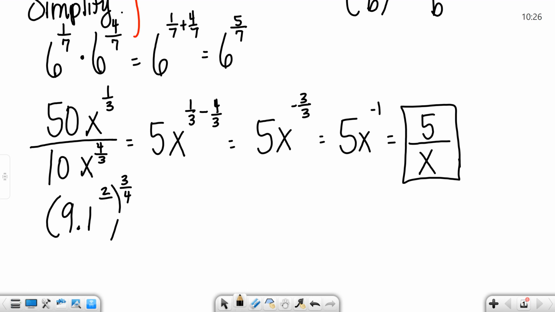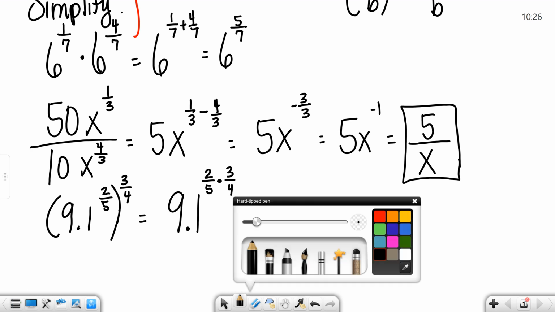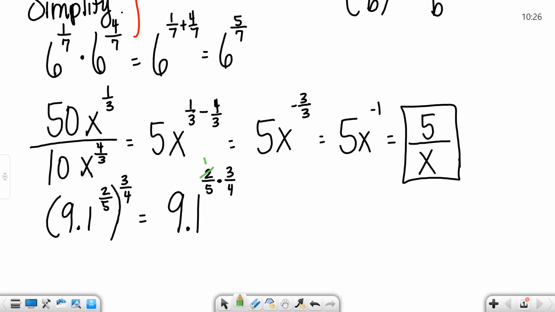Okay, so I've got 9.1 raised to the 2/5, and then the whole thing is raised to the 3/4. So we have a power raised to a power. So really this is 9.1 to the 2/5 times 3/4. Power raised to a power, we multiply the exponents. Now when I'm multiplying these, I can simplify. 2 goes into itself once, it goes into 4 twice.